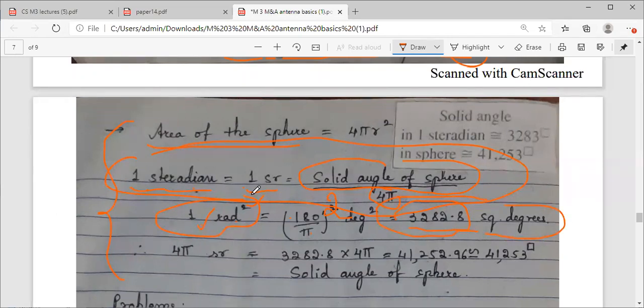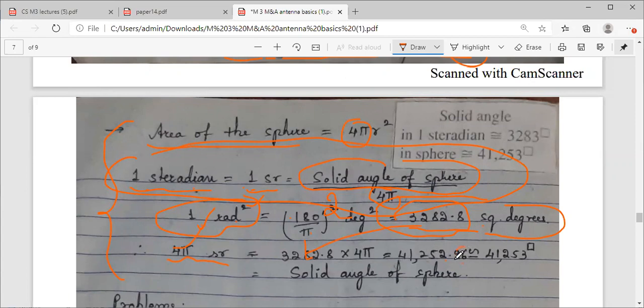ओके, 1 steradian is this, so I want 4 pi. So 4 pi steradian is equal to, take this number multiplied by 4 pi. You will get approximately 41252.96.